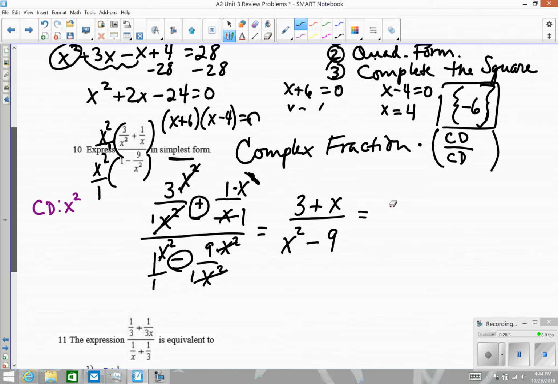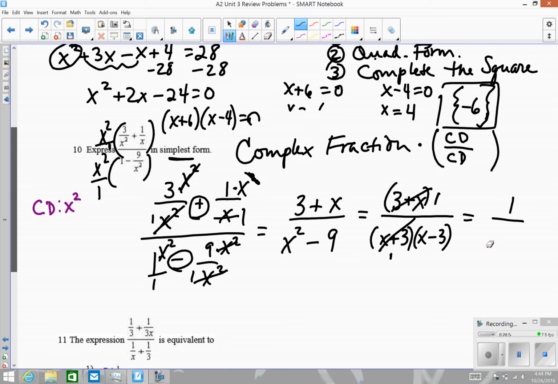I can see that the denominator is difference of perfect squares. I'll be able to factor that, x plus 3 times x minus 3. And then I've got this 3 plus x in the numerator, which is the equivalent of x plus 3. Now this, don't forget, we get 1's here. This becomes 1 over x minus 3. And that cannot be simplified any further.